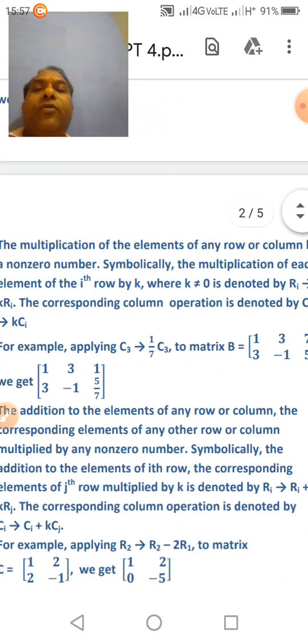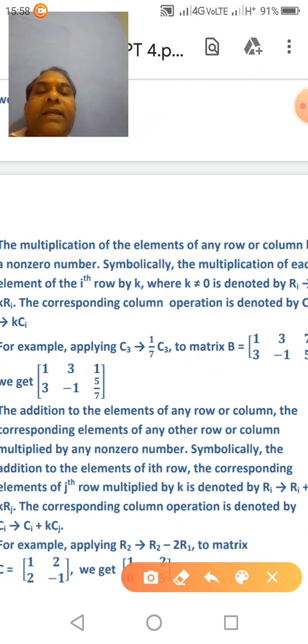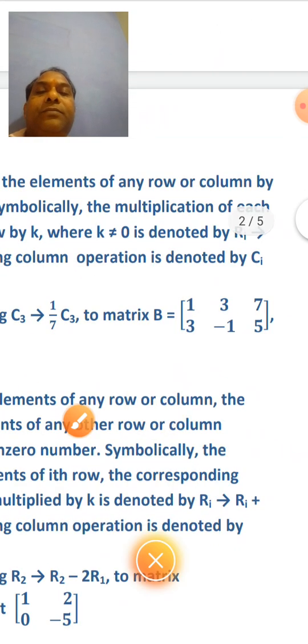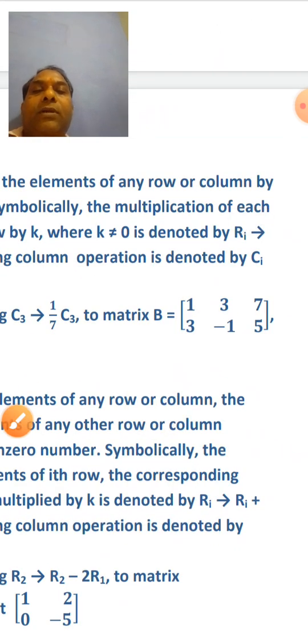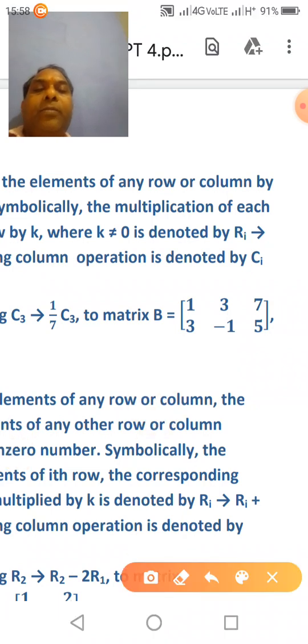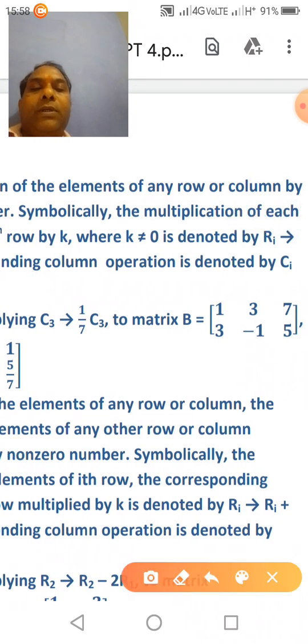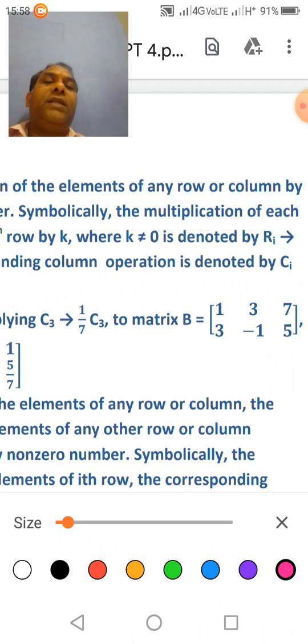Clear? For example, here matrix B is 1, 3, 7 row wise, then 3, -1 and 5.